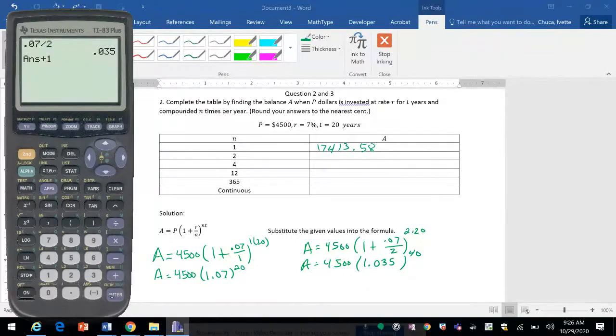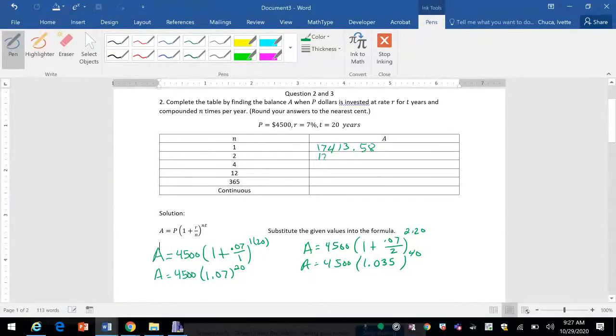I'm going to raise that to the power of 40. So we get this long number. Again, you don't want to round it, because if you do, your final answer is going to be off by a few cents. And so for this one, we get 17,816 with 67 cents.